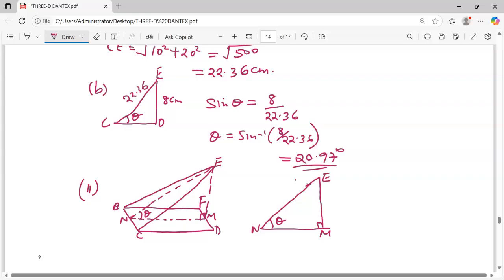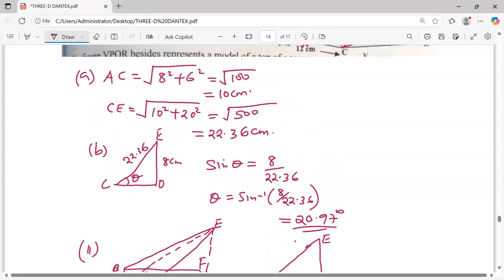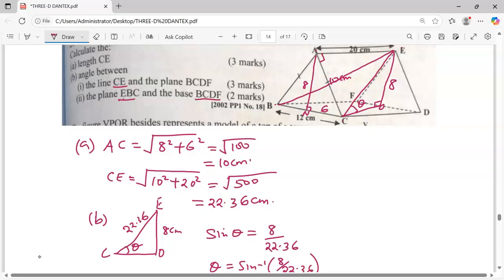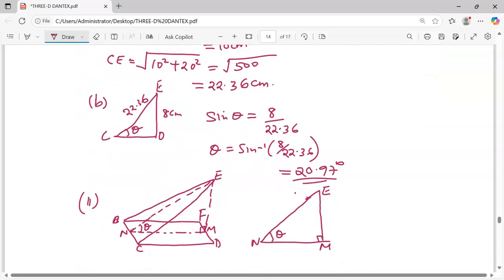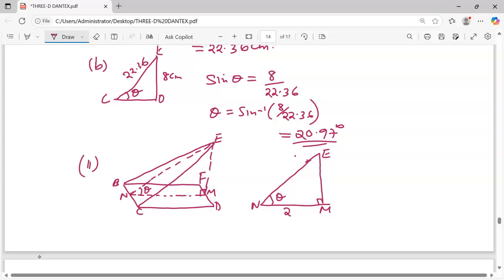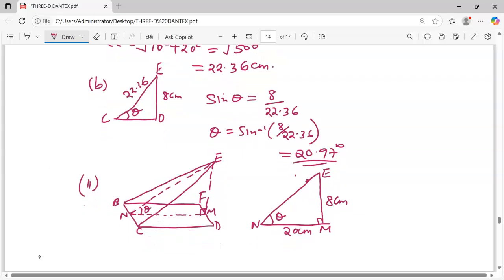From here we know that NM is the length, and the length of this is 20 centimeters. And of course ME is the height, which is 8 centimeters. With the two sides, we are able to get the angle by using the tangent.